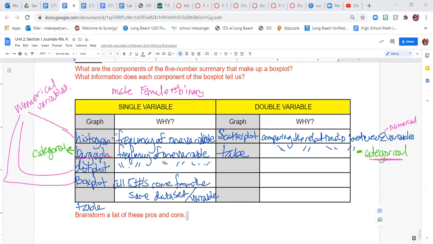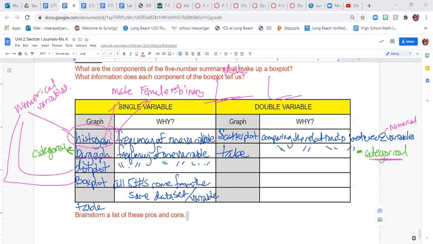Okay. Now you can facet and you can split a numerical variable with a categorical. So you can say, I want to look at the heights of males and females. So then that's when the faceting comes in, where you get two histograms, or two dot plots or two box plots in this situation.